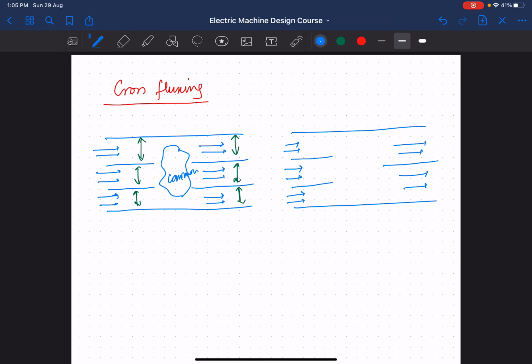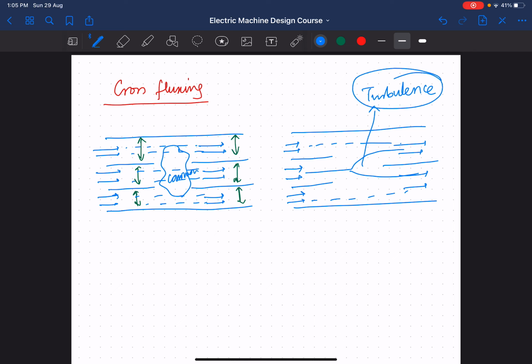Normal flow of water is going to be seen here, but at some points you will see turbulence. This happens because of difference in area. So why do we have two different areas? We have them because we want to reduce the iron losses.